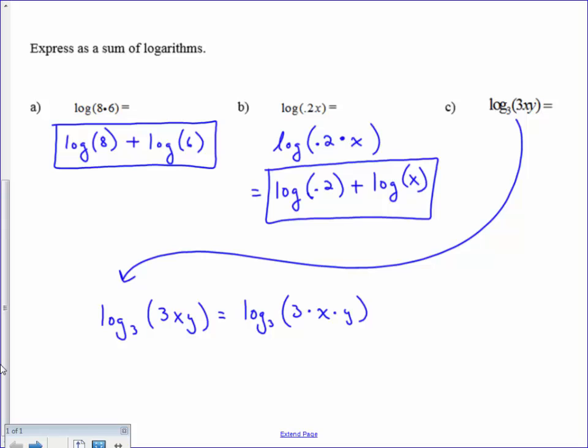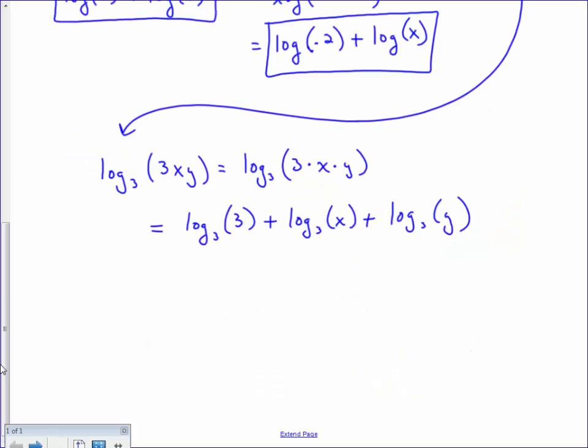This one you have the product of 3 things, and so it would be broken apart as the sum of 3 logs. Notice here that the base on our log is 3, so you want to make sure to keep that base. So you say log base 3 of 3 plus log base 3 of x plus log base 3 of y. Now in this particular problem, there is a piece of this log that I can simplify.